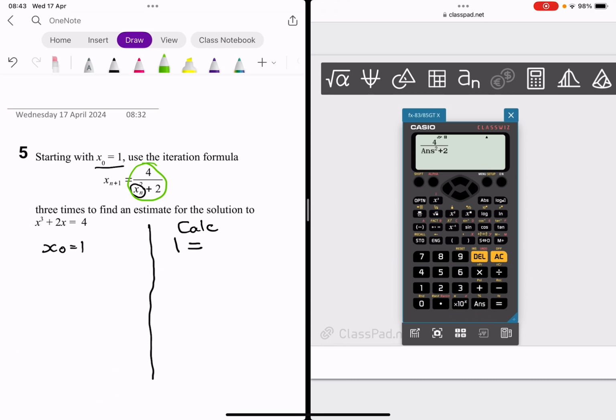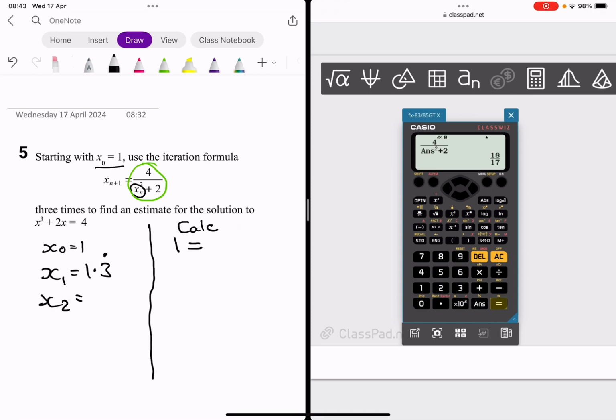And what I then do, if I press equals, that shows me that I've got 4 over 3. Now, if I use my S to D on here, that is 1.3 recurring. So my value of x to the 1 is 1.3 recurring, or 4 over 3. Now, because I've used ans, the next time I press equals, I will get x to the 2, so the value x to the 2.